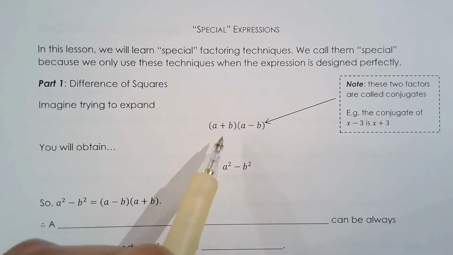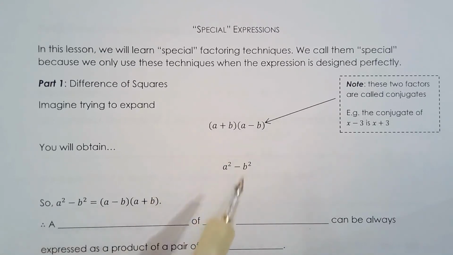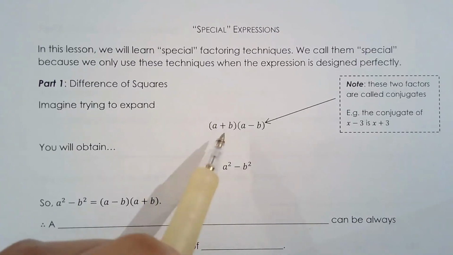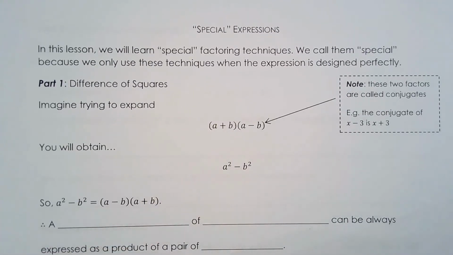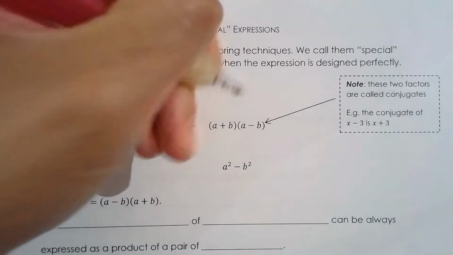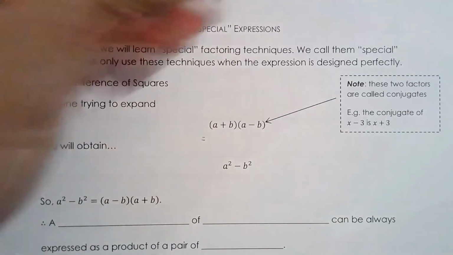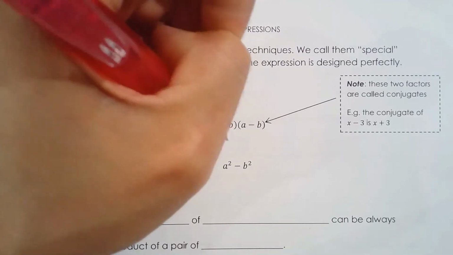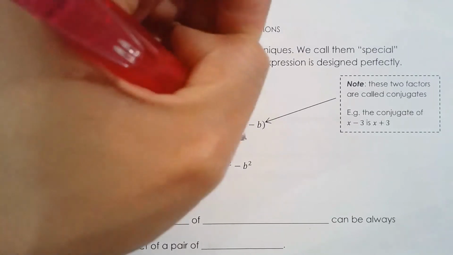Now what we're going to do is multiply, expand and simplify when we multiply 2 factors which are conjugates. And I'll show the intermediate step. So a times a is of course a squared, minus ab plus ab, minus b squared.